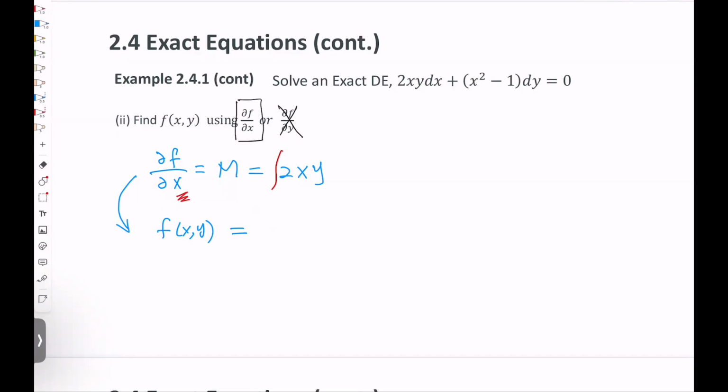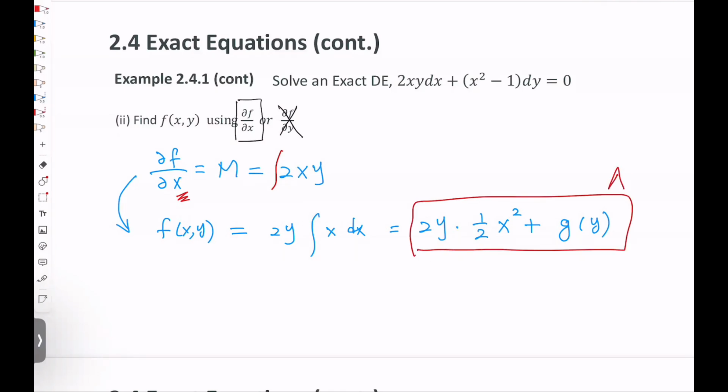We have 2y, those are the constants, and then x dx. So we have 2y times 1 over 2 x squared, plus g of y, because all the y terms we treat as a constant, so it's going to disappear. So we need to put g of y right there. Basically, this is our answer after we find g of y.